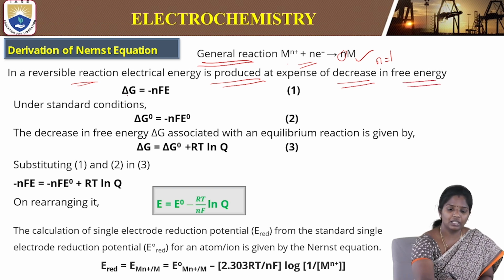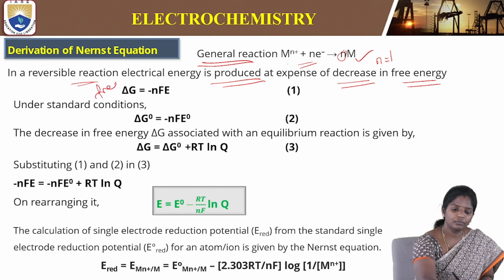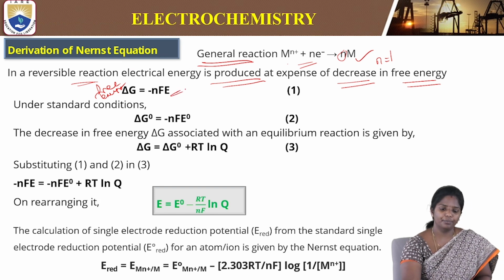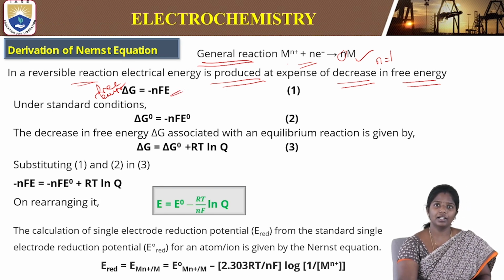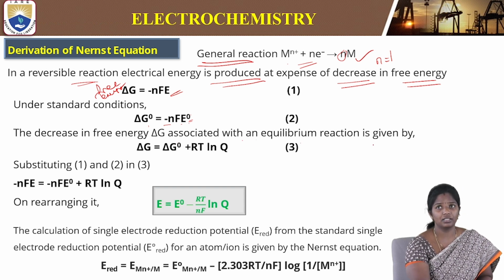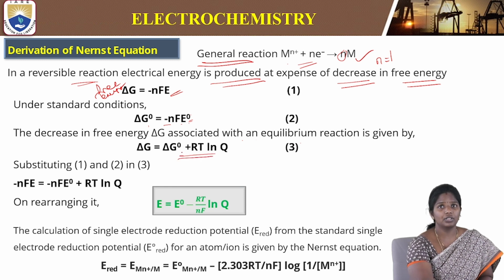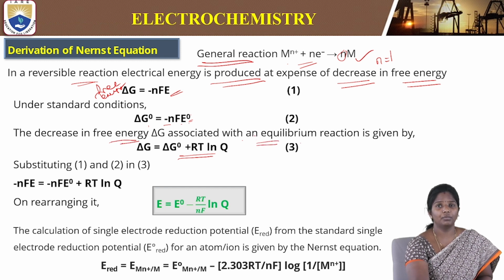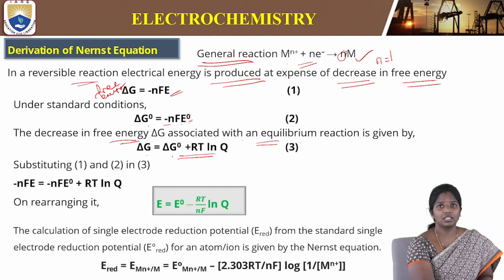So delta G is equal to minus NFE, and at standard conditions, delta G naught is equal to minus NFE naught. The decrease in free energy associated with the equilibrium reaction is given by delta G is equal to delta G naught plus RT ln Q, where Q is the reaction quotient.